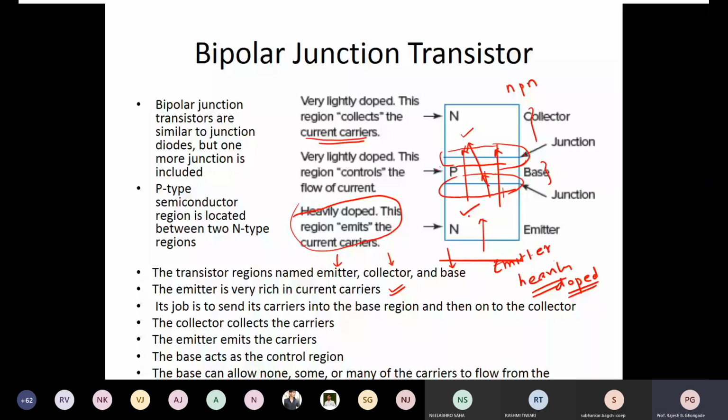What is the job of the collector? It is to collect the carriers. That is the reason why the names are emitter and collector. Emitter emits electrons, collector collects electrons. In this case we are talking about NPN here. So who are the majority current carriers in this particular region?